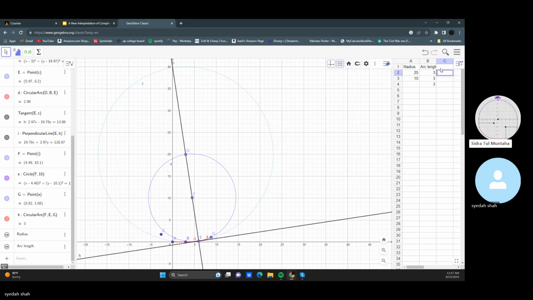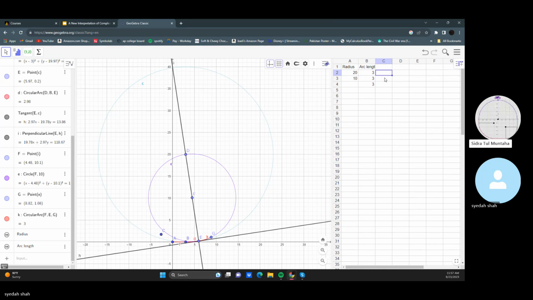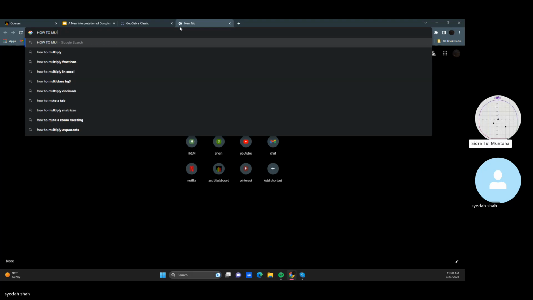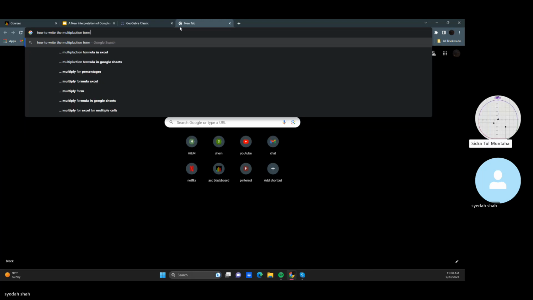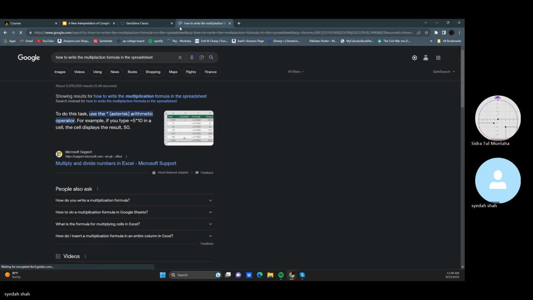Write on Google how to write formulas in the spreadsheet, and you can make it more comprehensive: how to write the multiplication formula in this spreadsheet.